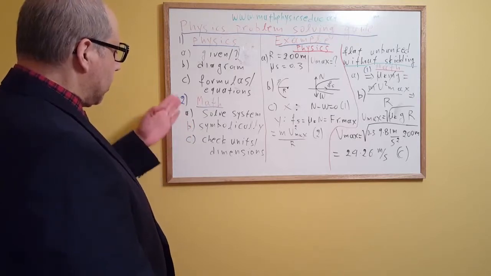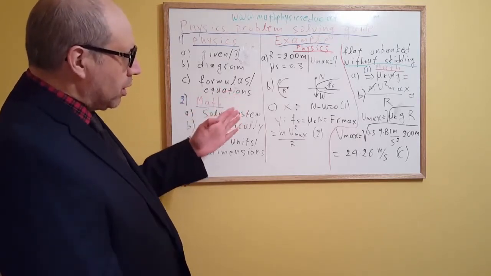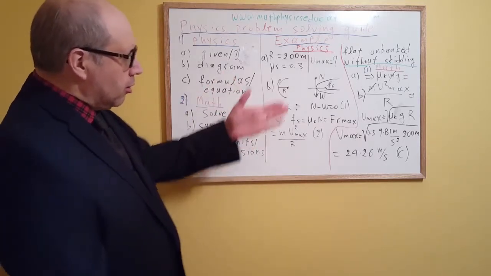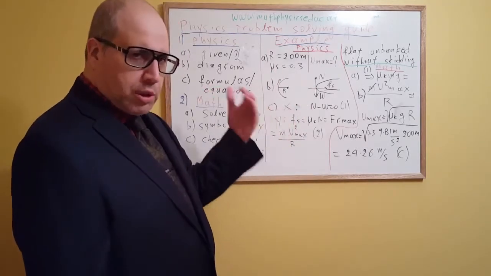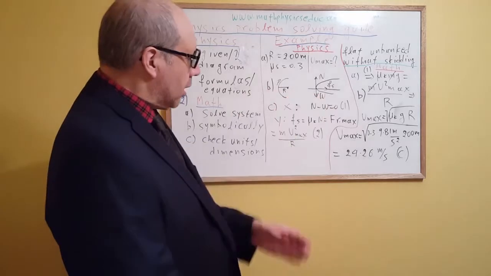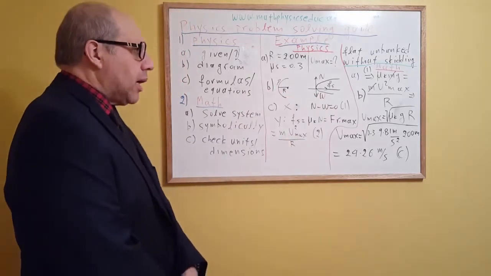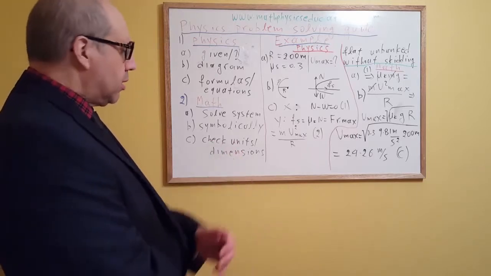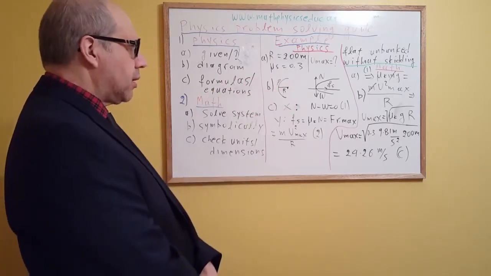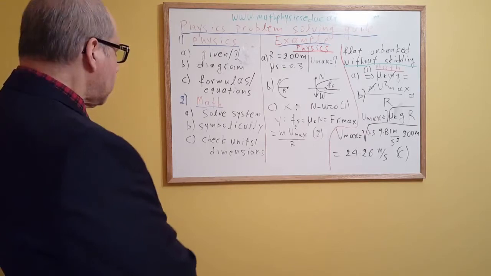The second step is you do everything symbolically. By symbolically I mean you don't put the values, the numbers, you just use letters, and you leave the numbers and the calculations for the end, so you don't carry them with you.